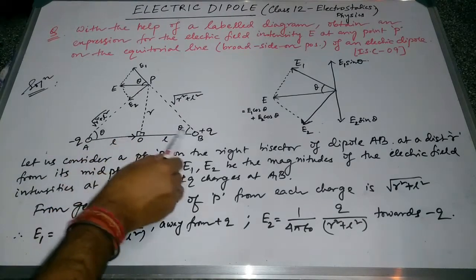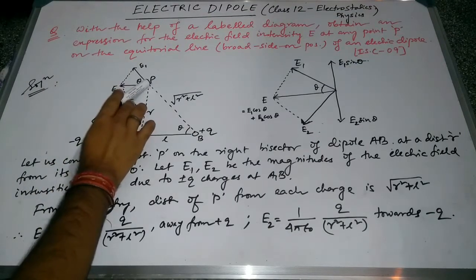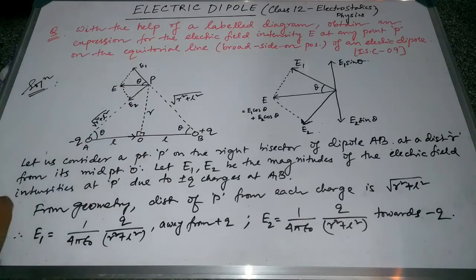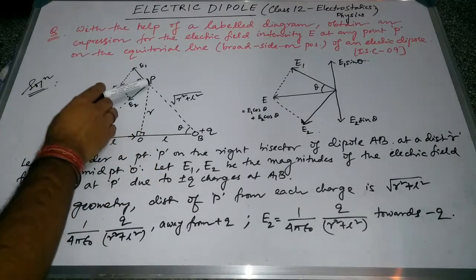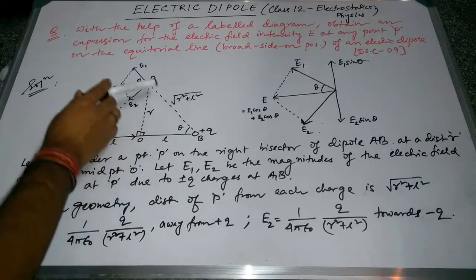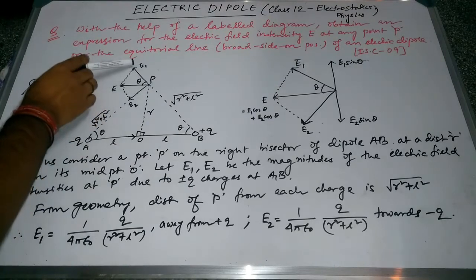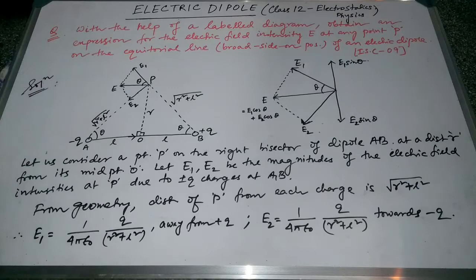Imagine a unit positive test charge placed at P. Due to this plus q charge, the test charge will be repelled. So the electric field due to this plus q charge will act away from it. E1 is due to this charge, acting away from it in this direction.